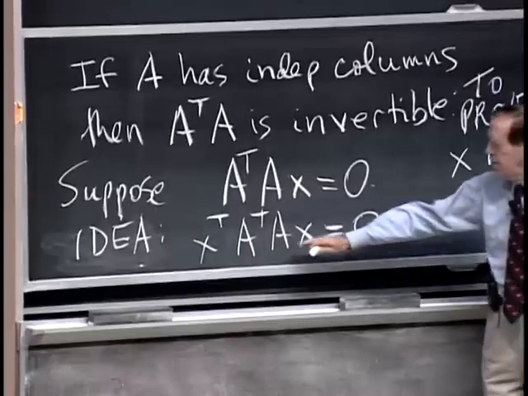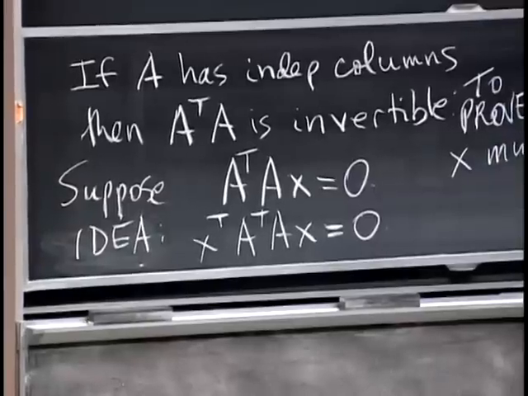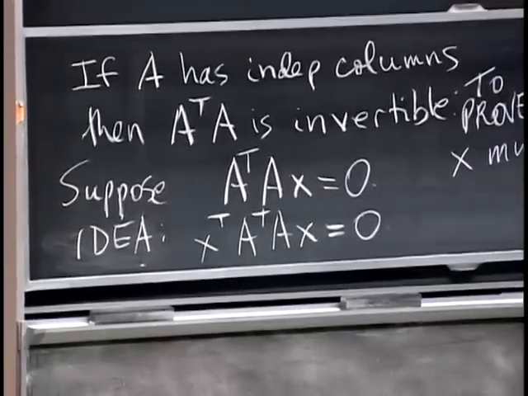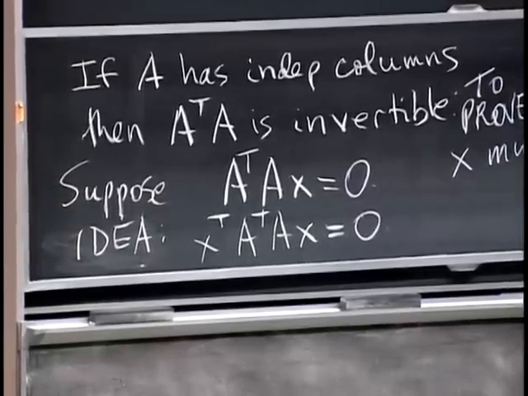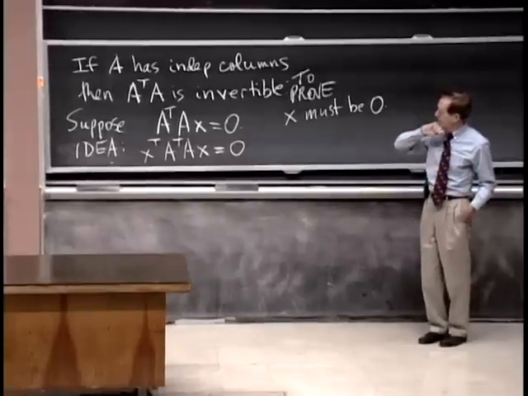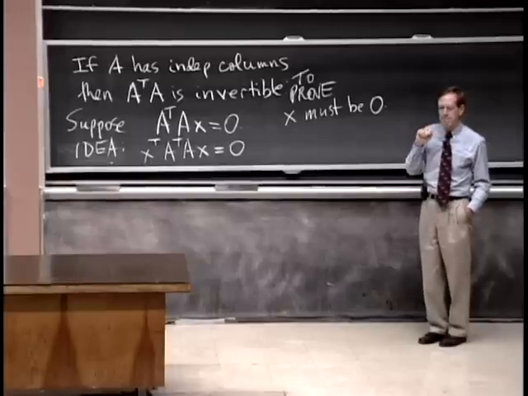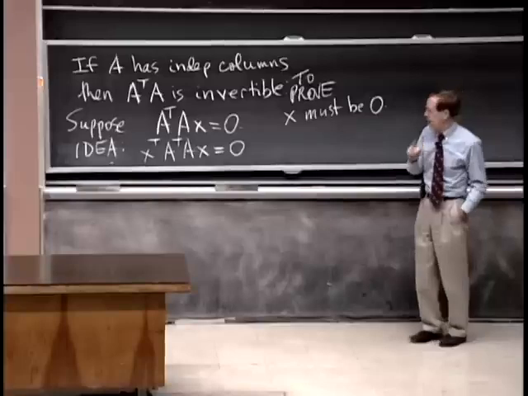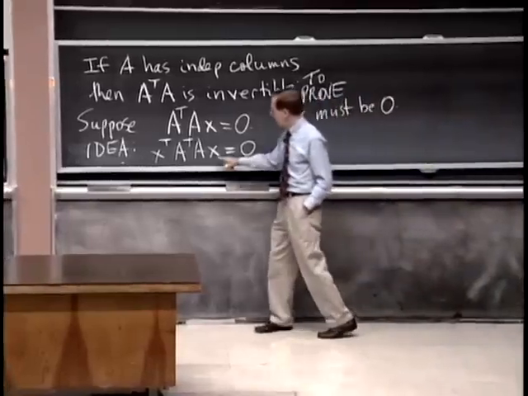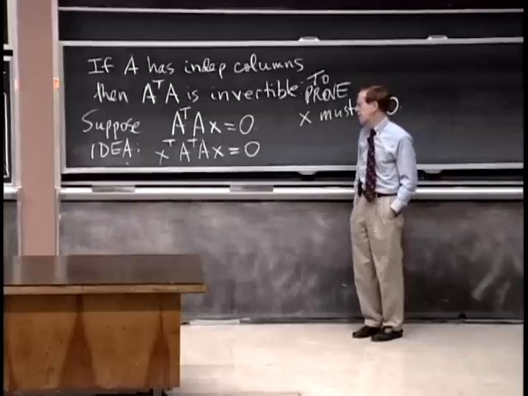Now, I got to that equation, x transpose A x equals 0, and I'm hoping you can see the right way to look at that equation. What can I conclude from it?